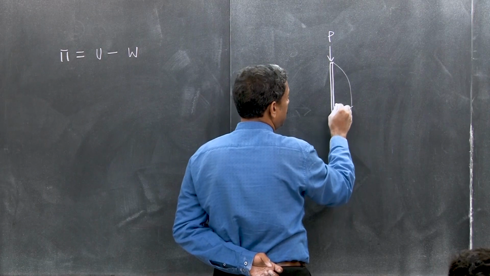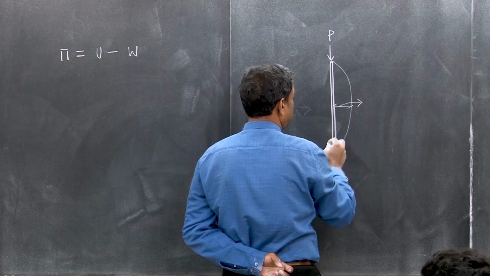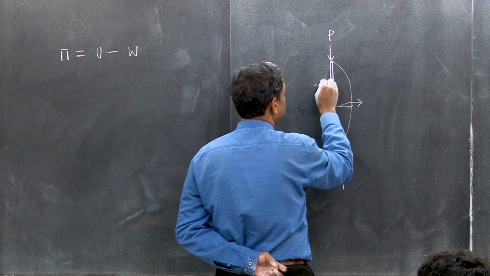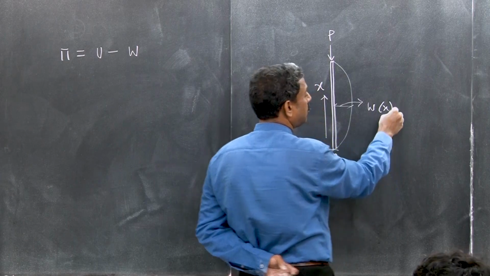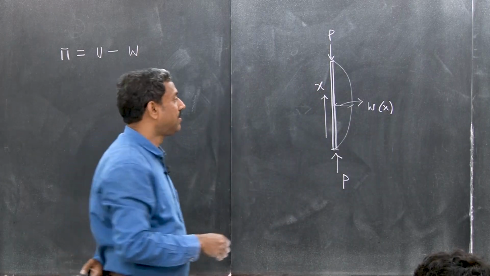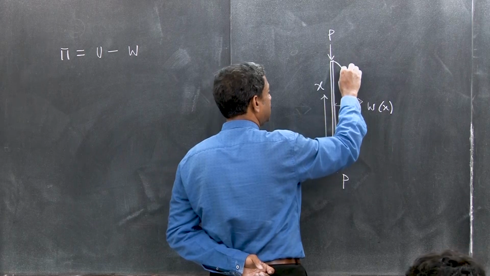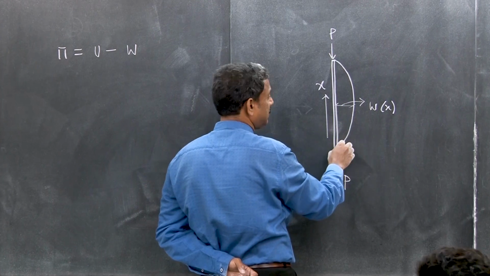So, I am assuming this is x, the longitudinal axis, and w is the out of plane deflection. This is a beam column.